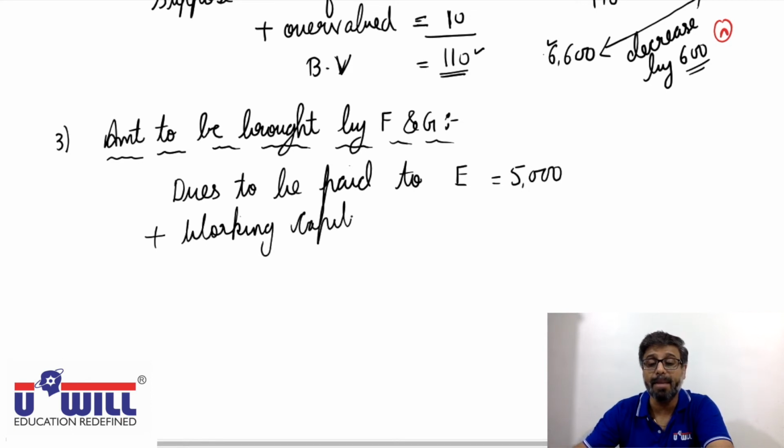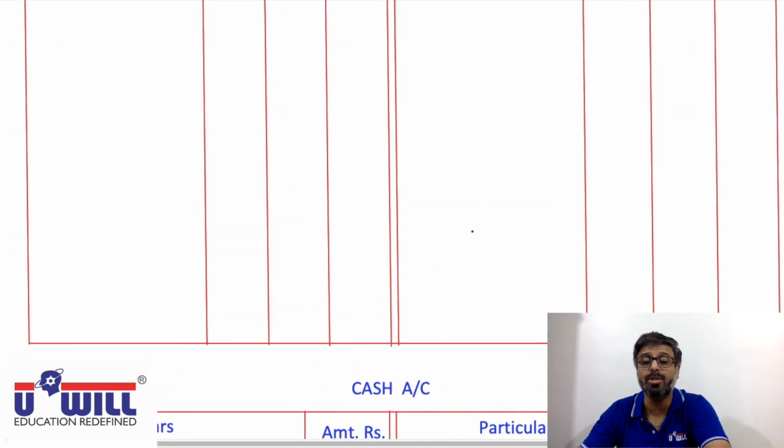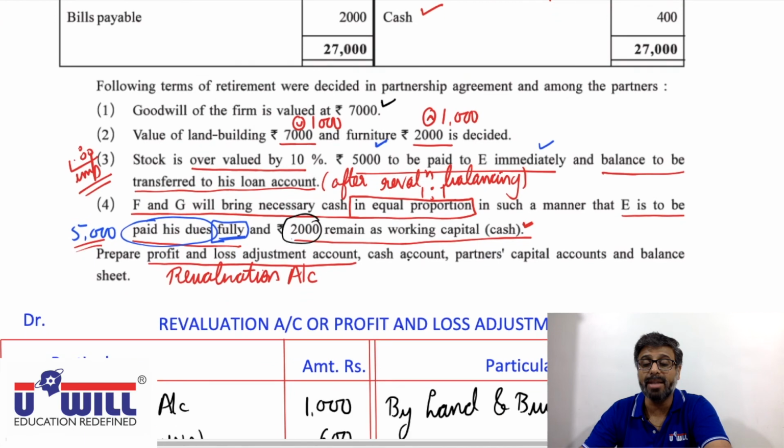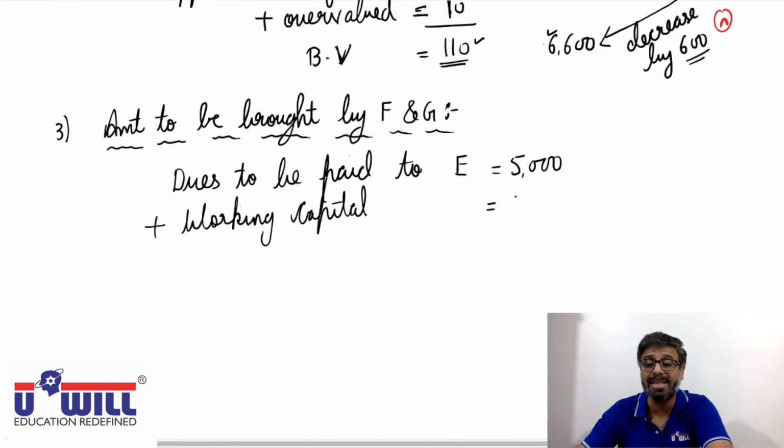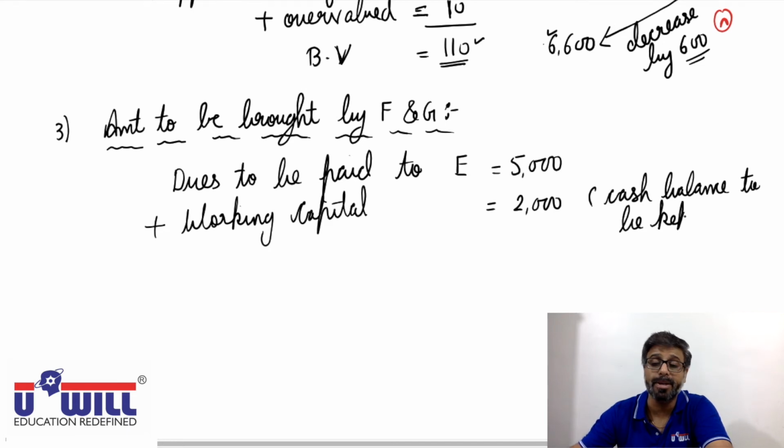Okay, working capital or cash balance required to be kept is 2,000 rupees, right? So 5,000 we have to pay to E, plus 2,000 we have to keep as cash in the business. Okay, this is the cash balance to be kept in the business. Working capital means this much cash we will need in the business, we have to keep it.